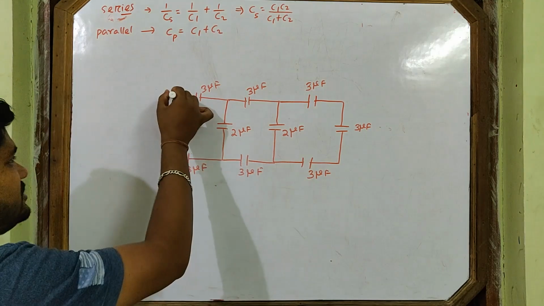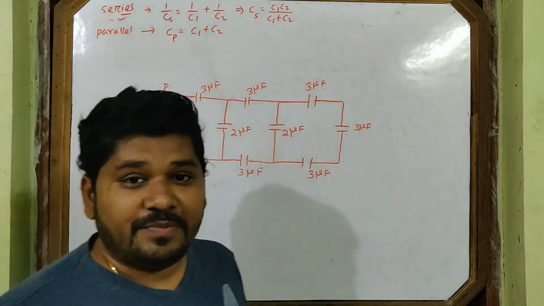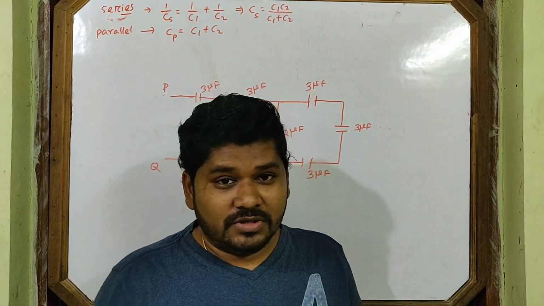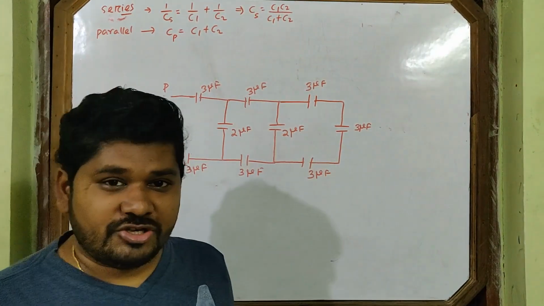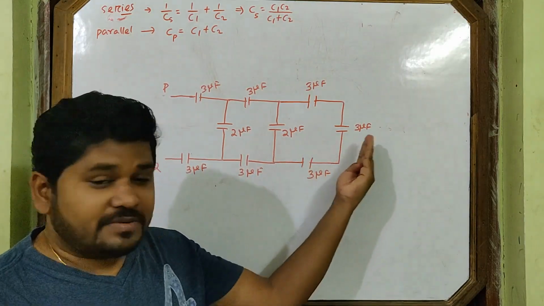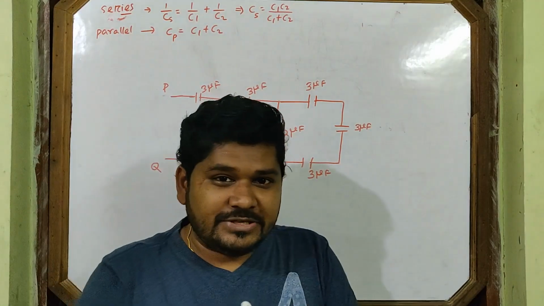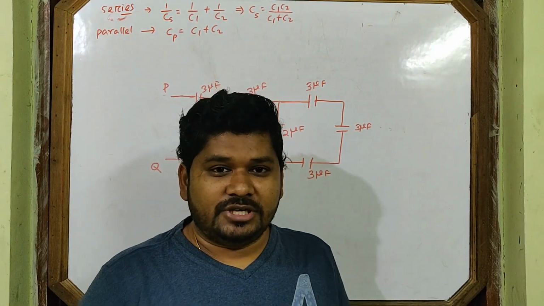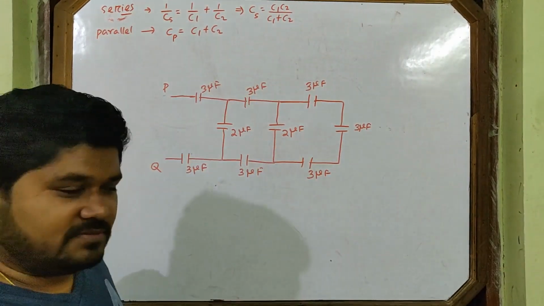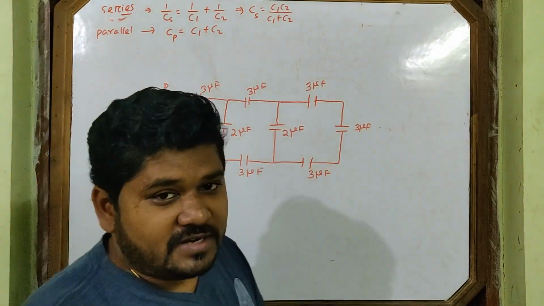See, these are the two terminals, P and Q. We have to find the effective capacitance between P and Q. What will we do? Let's solve this question from the back. From this side you start solving. I told you, small branches you will cut. So 3, 3, 3: how are they connected?